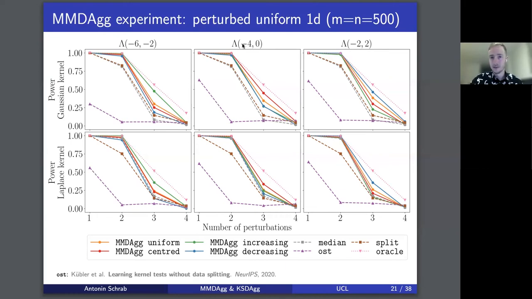As a reminder, this is lambda, the median bandwidth, scaled by 2 to the minus 4 up to 2 to the 0. And then we observe that the centered test performs the best. So this really means that the bandwidth in the middle of our collection performs the best. So if we keep increasing the bandwidths in our collection, then we observe that the decreasing weight MMD performs the best.